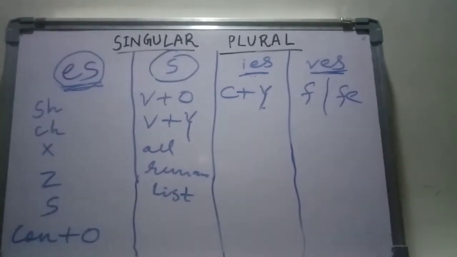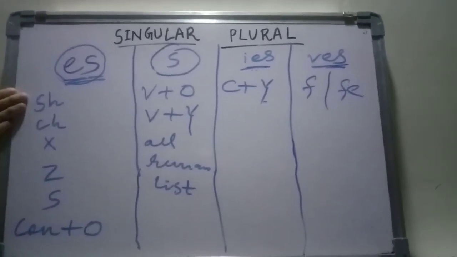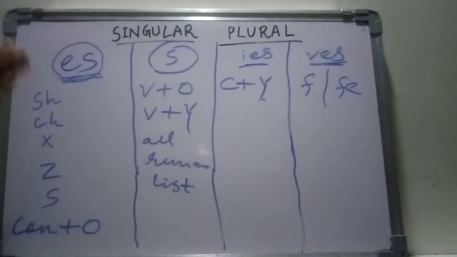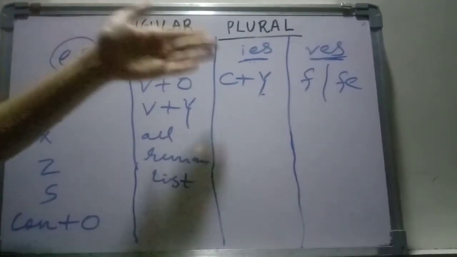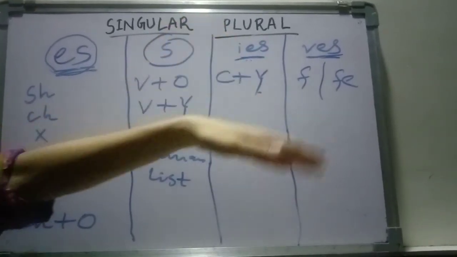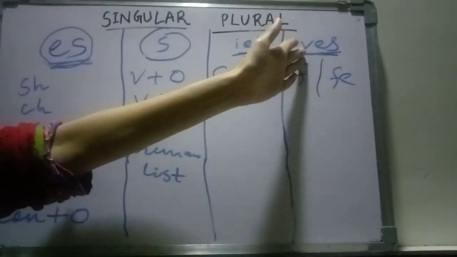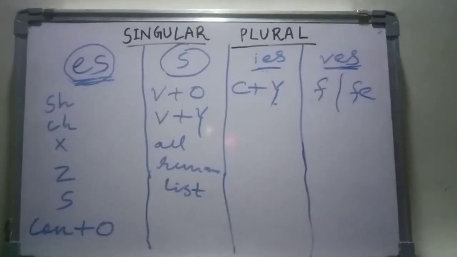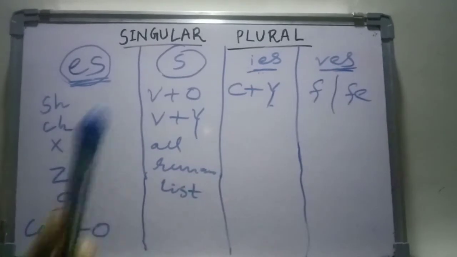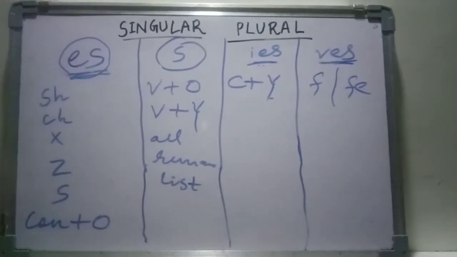So words ending with s, z, x, ch and sh, consonant plus o we add es to it, consonant plus y we remove y and we add ies to it, f and fe we remove f and fe and we add ves to that word. So these are the four broad categories for which the rule of singular and plural applies.